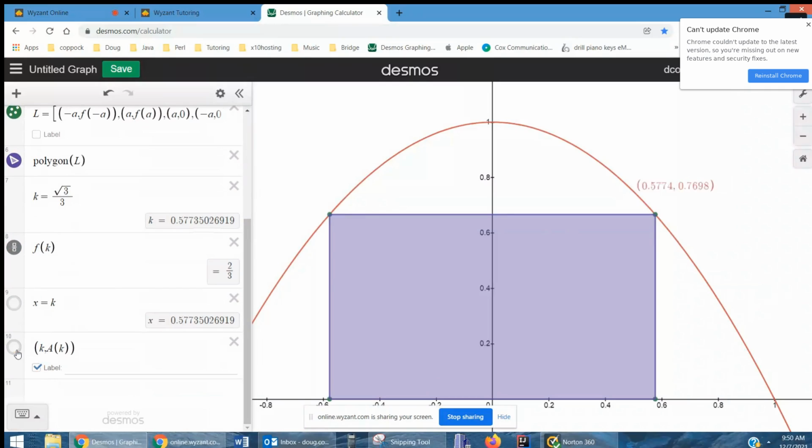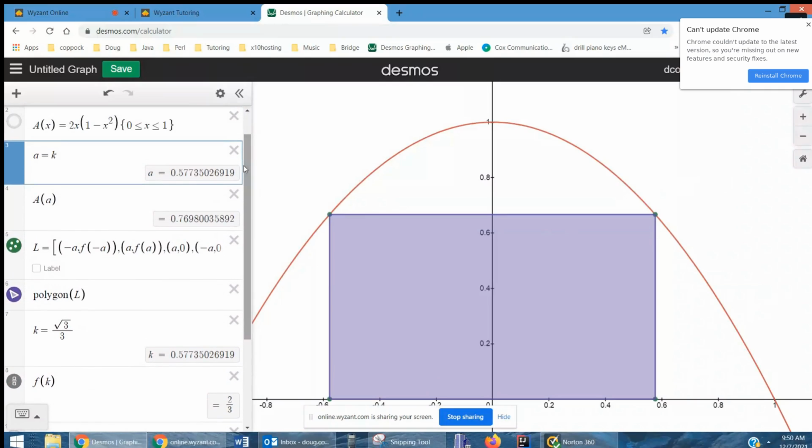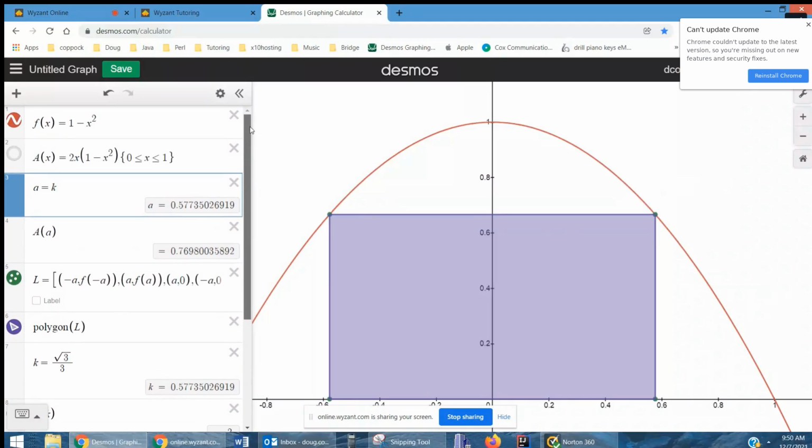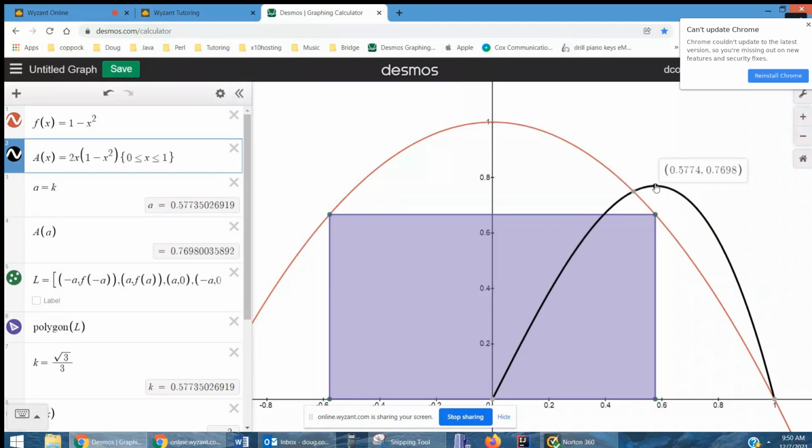Oh, not that point. Oh, here's what I was going to show you. There's the derivative function right there. I'm sorry, the area function. And that area function reaches its maximum value at radical 3 over 3.